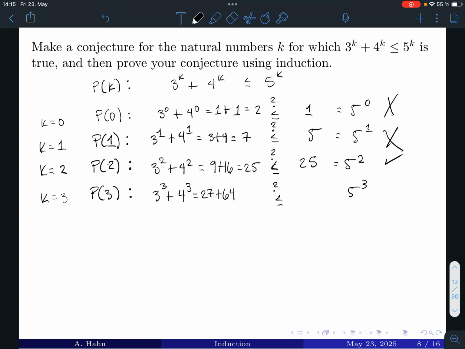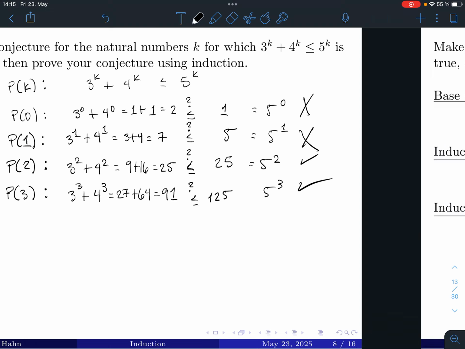And 27 plus 64 is going to be 91. And is that less than or equal to 5 cubed? 5 cubed is going to be 25 times 5, so this is 125. And that is true. Nice. So it looks like the k values are going to be everything greater than or equal to 2. We don't know that. That's kind of our guess. So that's just where we're going to start.